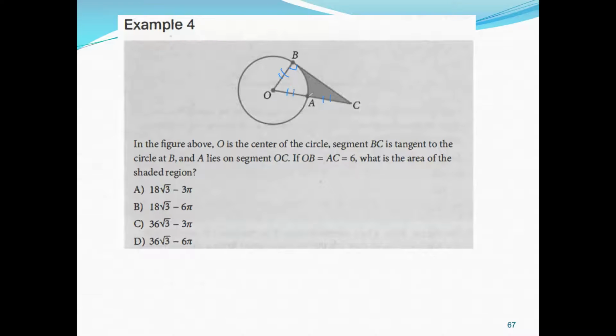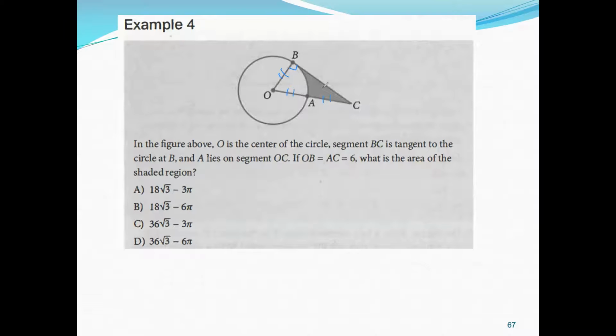So OA is equal to OB, and AC is equal to OB. Thus, OA equals AC. You see that? And thus OC is twice the length of OB. So OC is 2, OB is 1.